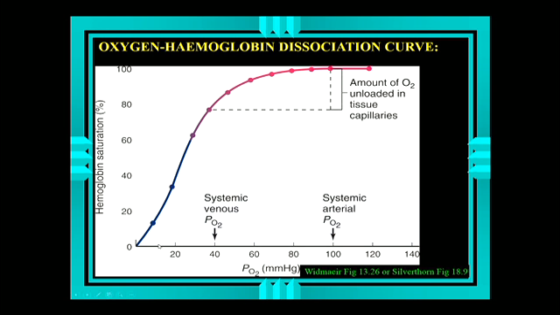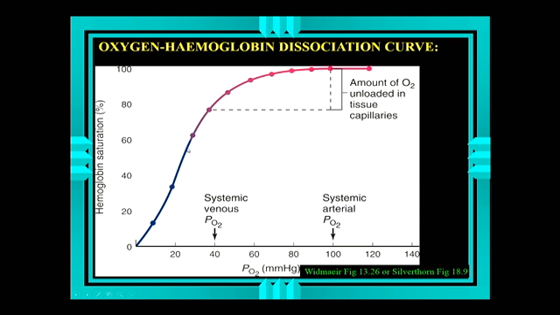Say your PO2 in your tissues dropped from 40 to 30 because you're exercising. Now that's only a relatively small drop in PO2 of 10 millimetres of mercury. What happens to the saturation of oxygen? Well, instead of being about 80% saturated, a drop of PO2 of about 10 will probably mean that your haemoglobin will be about 55% saturated.